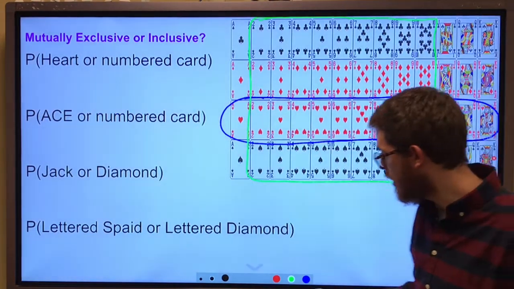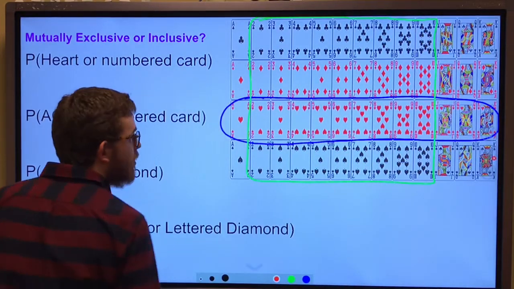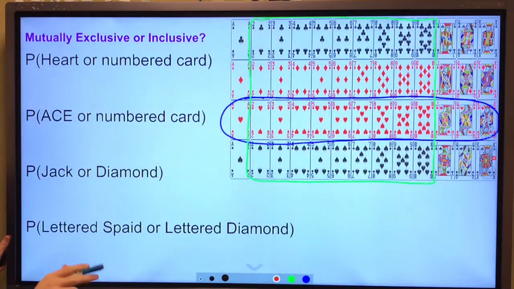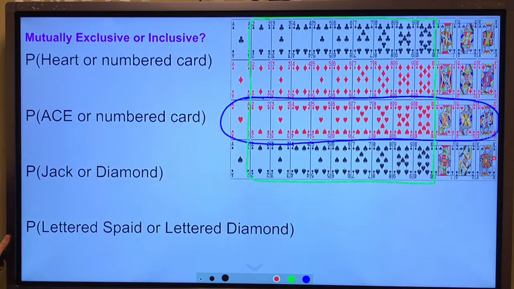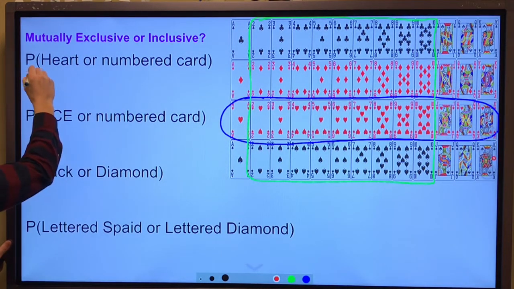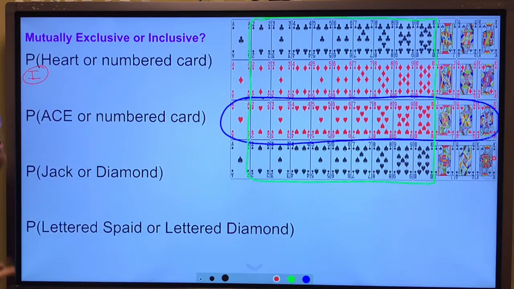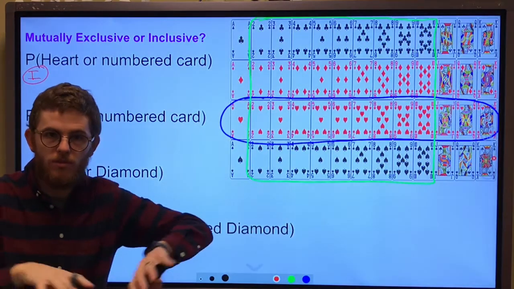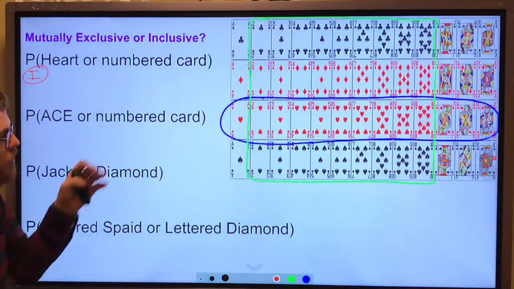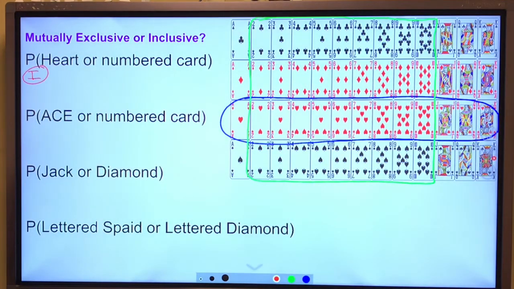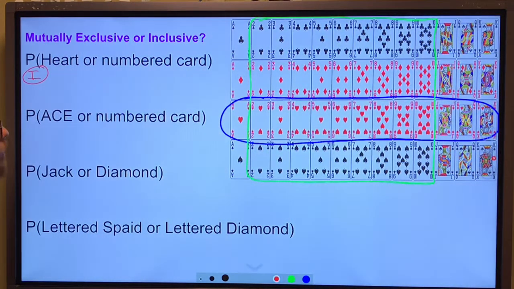Yes, there is overlap. If there's overlap, that means there are outcomes in common. So that means this is inclusive. Mutually exclusive means separated. Inclusive means they have outcomes in common. So those are definitely inclusive.